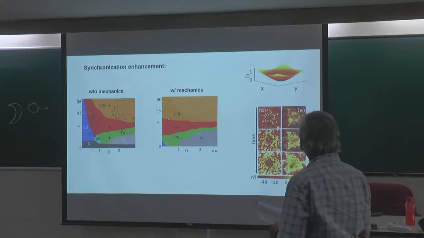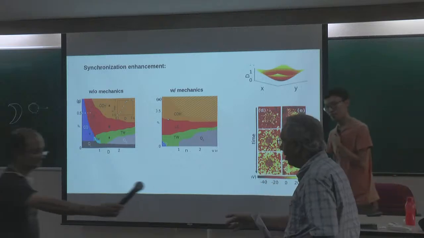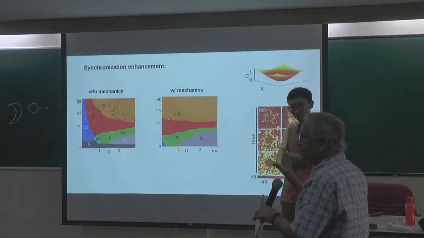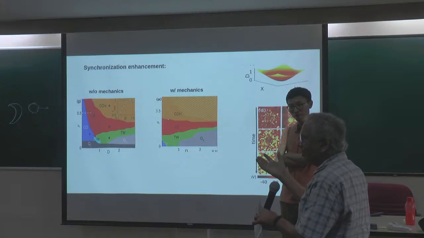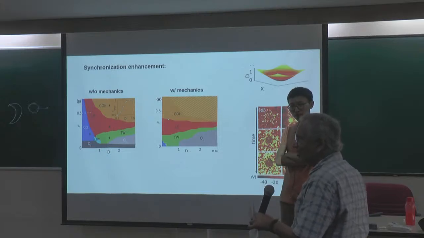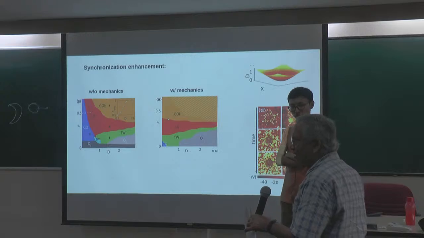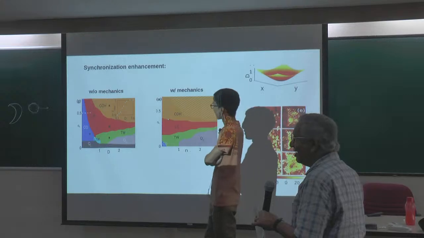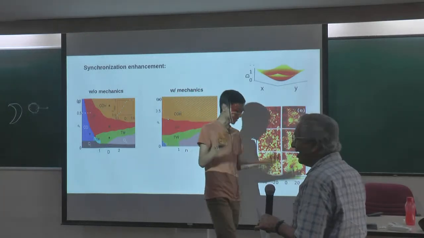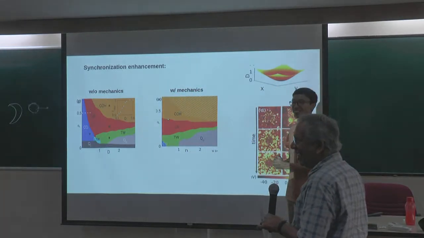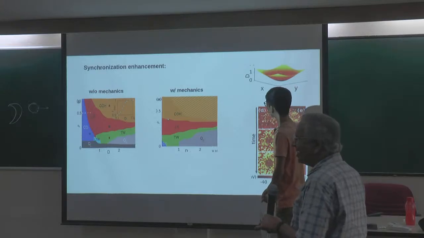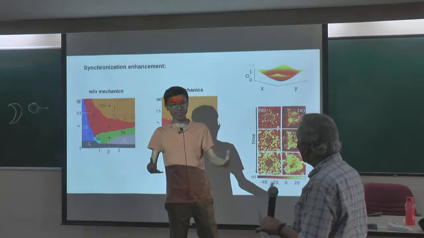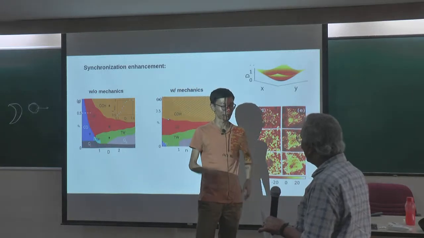I have curiosity. What is the practical significance of all this with respect to, say, medical treatment for the heart? We do our best to make sure that our results have some sort of clinical relevance. At least the basic principle that mechanics enhances synchronization should still hold.